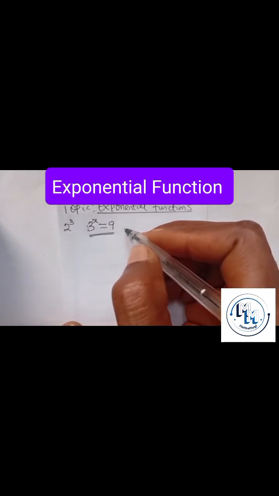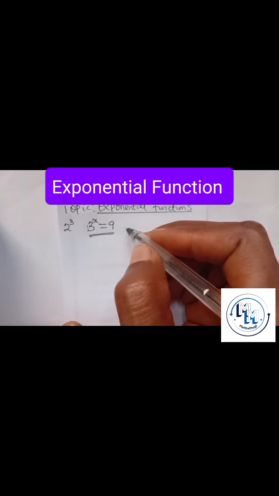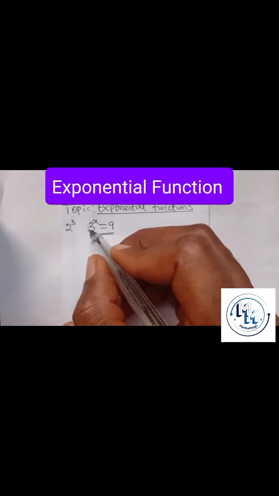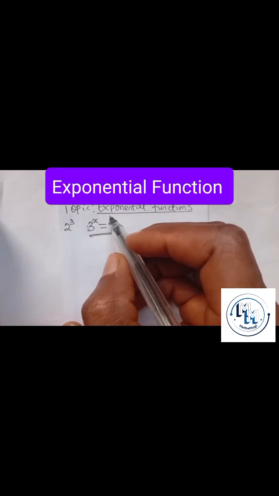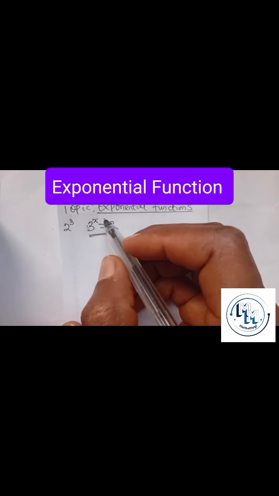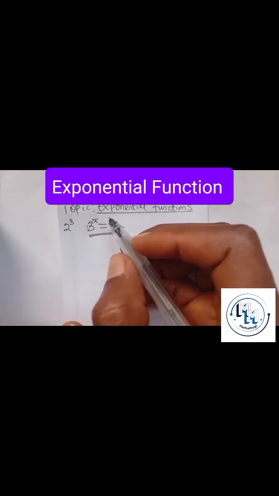Yes, the unknown can also be at the base. Remember, this is the base, this is the power. The unknown can also be at the base, but the main thing is that there is still an unknown in that place. In most cases, functions under these exponential functions can only be solved if both sides can be expressed in the same base.